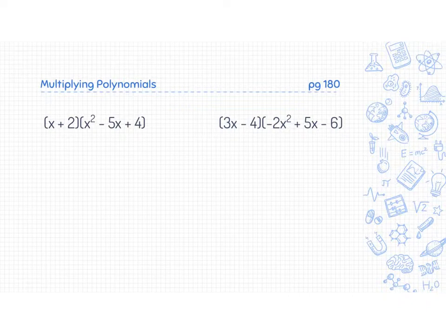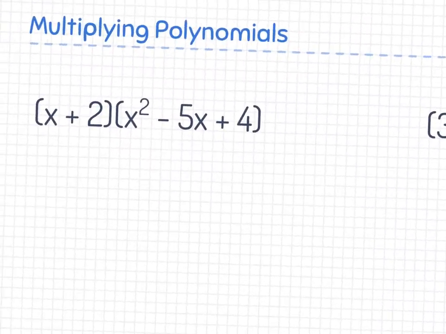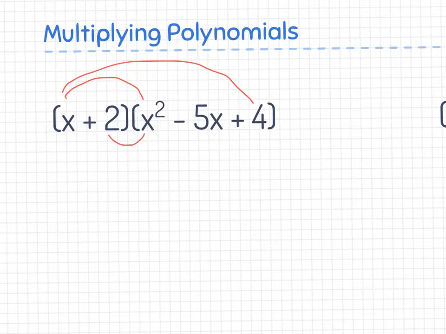Okay, so looking at this one here, I'm doing this problem. And I did FOIL, which FOIL is first times first, outside term times outside term, and then my inside term times my inside term, and then my last times last.